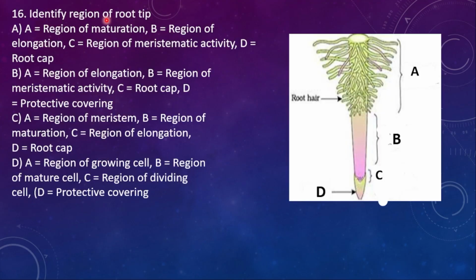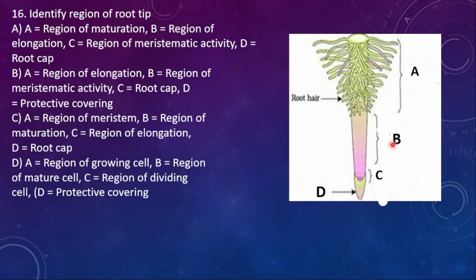16th one, identify regions of root tip A, B, C and then D. If you know any one of them, you can go with the option very easily. For example, here I know the region of maturation. Just imagine if I know only the region of maturation, then see, first option A, region of maturation is given.